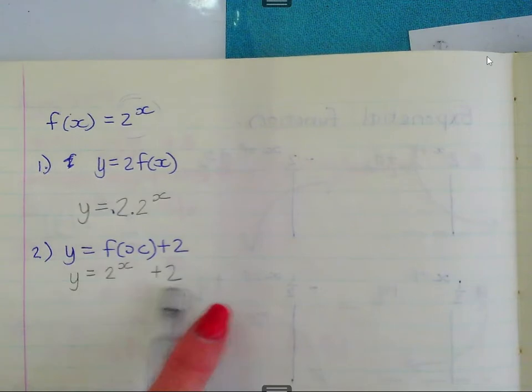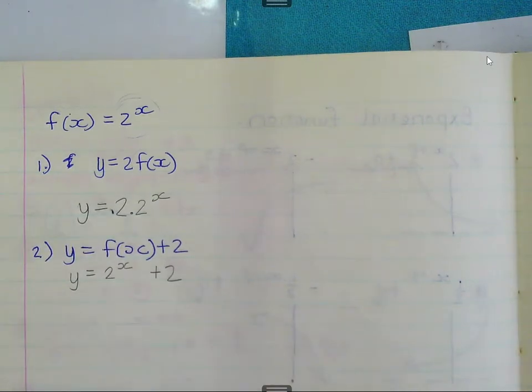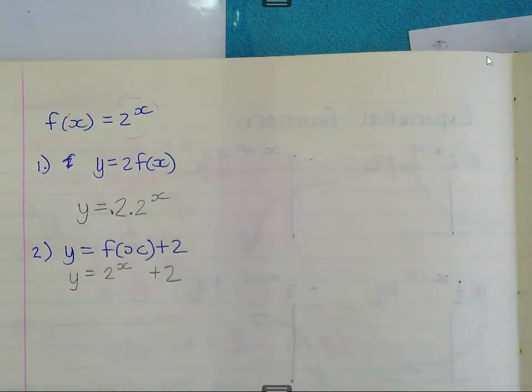What variable is normally there? q. What does q do? Moves it up and down. So this graph is the same as the original one, but the asymptote was moved up 2 units. So everything was just moved up 2 units. It was translated 2 units upwards. Does that make sense? Yes. Okay.